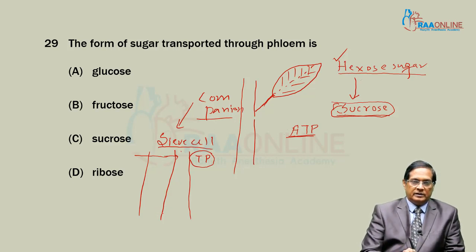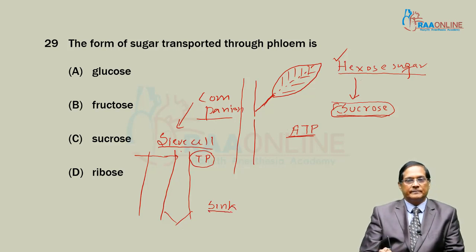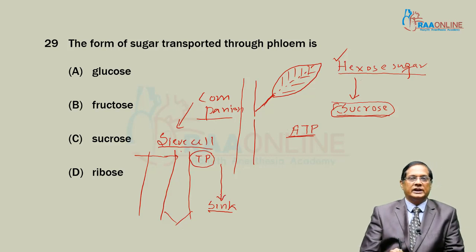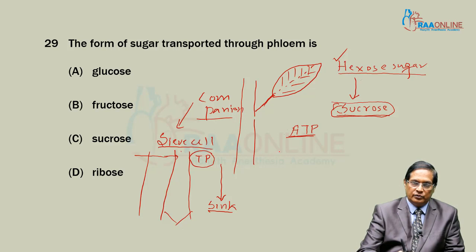The end to which it is translocated is known as the sink, and the end from which it is transferred is the source. So from source to sink, the sugar is translocated due to the difference in turgor pressure.